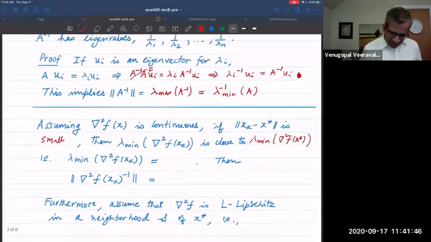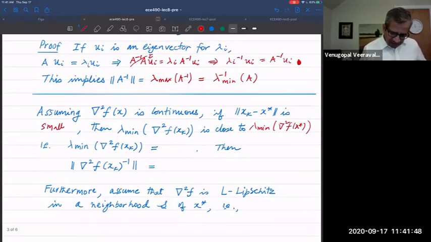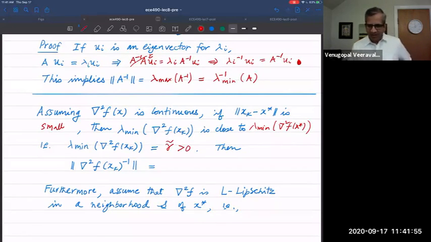So basically, the minimum eigenvalue of the Hessian at xk we can assume is some positive gamma. Let's call it gamma tilde, since I want to use gamma for something else.